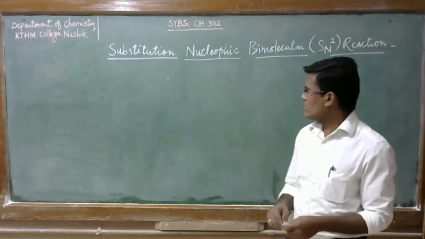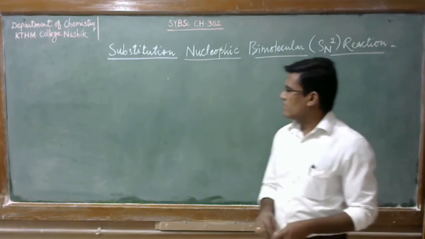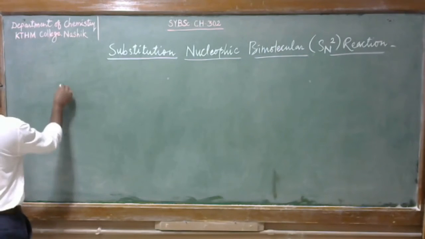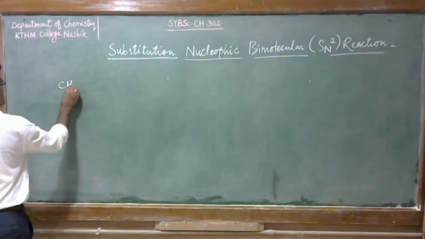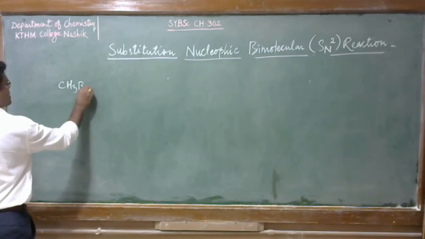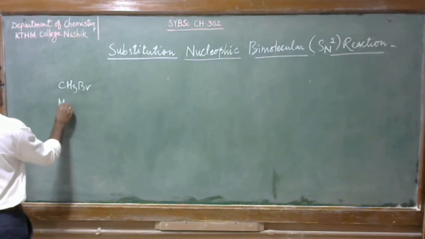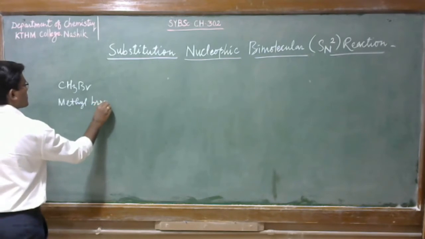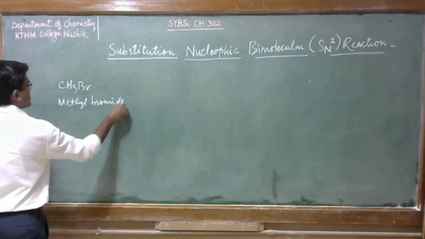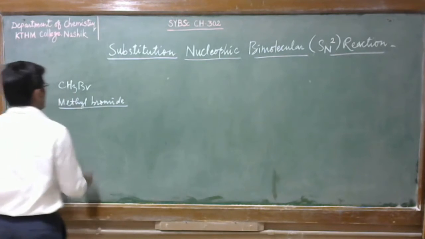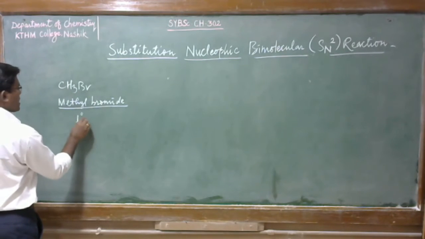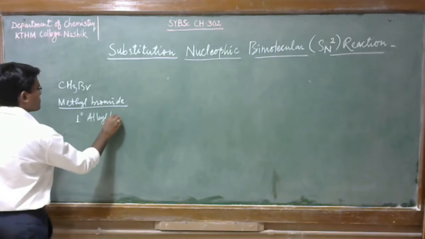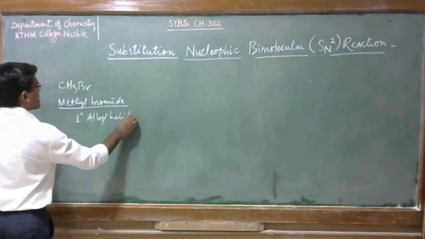So let us have an example. Suppose we have this methyl bromide, which is generally a primary alkyl halide.